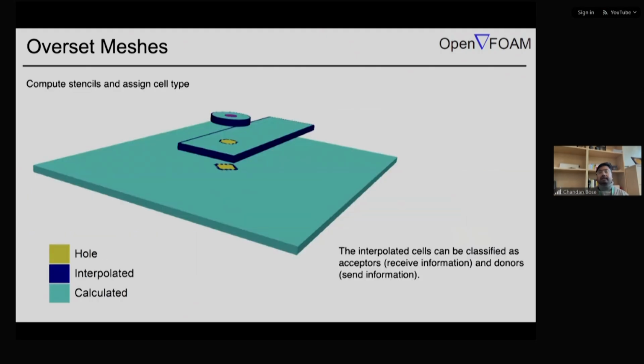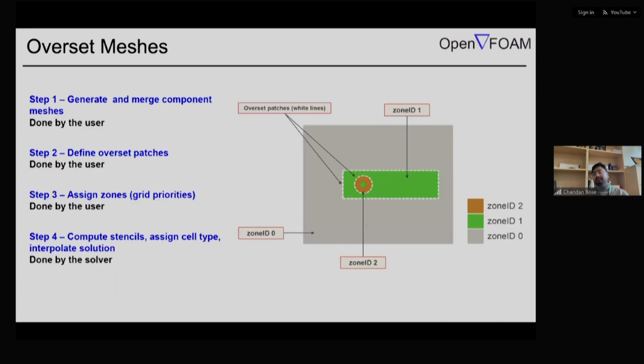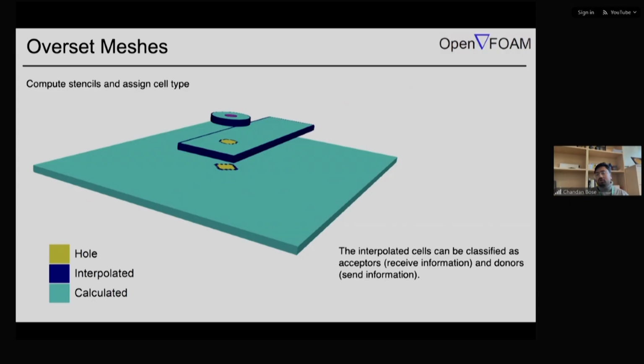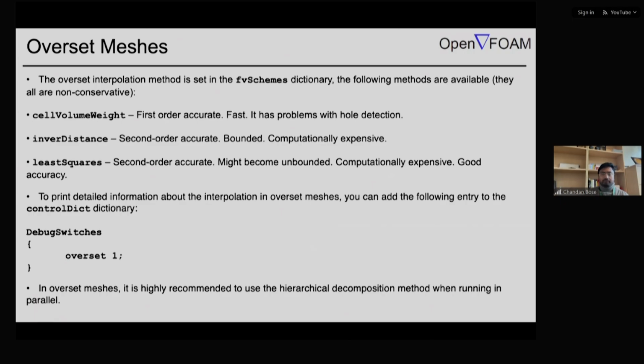In another terminology, we name the three different cell types as hole, interpolated, and calculated. The hole cells are within this cylinder, where we don't care about the flow and we don't solve the equation. Interpolated cells are in the overset patches where the interpolation happens. Apart from these two, all the other cells are calculated, where we need to solve the governing equations.